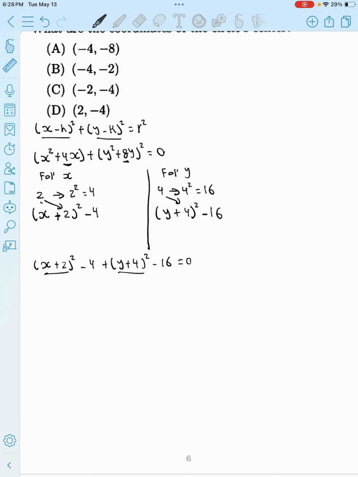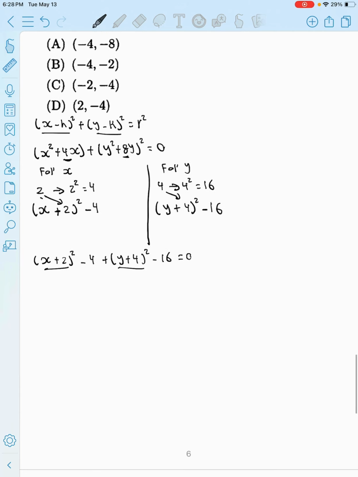So we can add 4 and 16 and send them to the other side. x plus 2 all squared plus y plus 4 all squared equals 20. And remember this is r squared. So r equals the square root of 20, and the center is negative 2, negative 4.